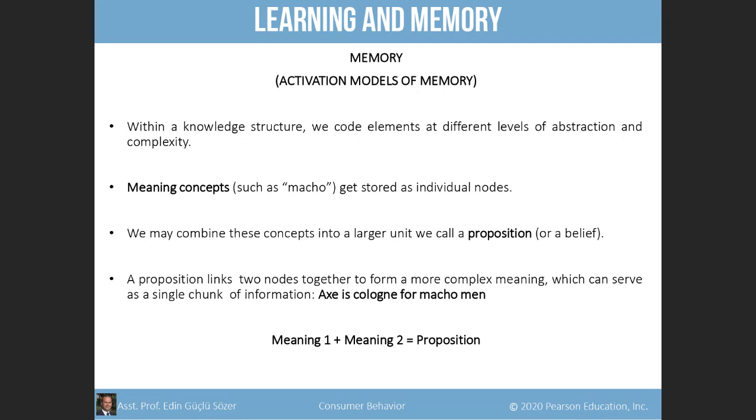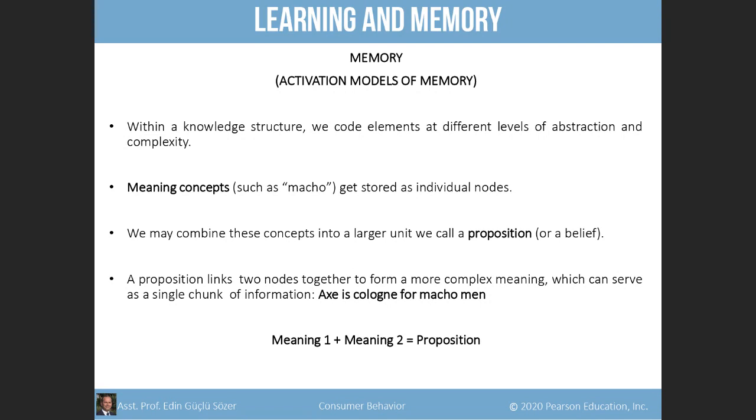So, for example, young is a meaning concept, right? And quality is another meaning concept. These are recorded as individual nodes in the memory.